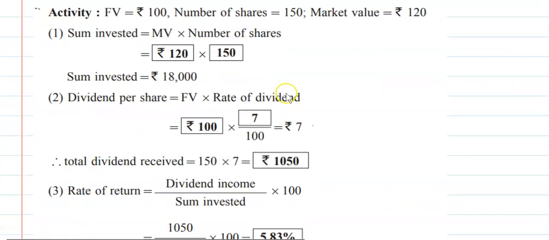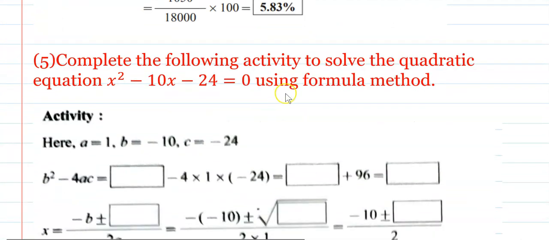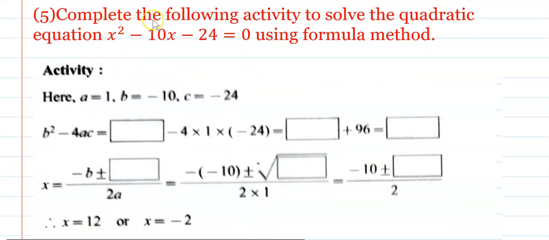Now the next question. Complete the following activity to solve the quadratic equation x square minus 10x minus 24 is equal to 0 using the formula method. Here A is equal to 1, B is equal to minus 10, C is equal to minus 24. B square minus 4AC.